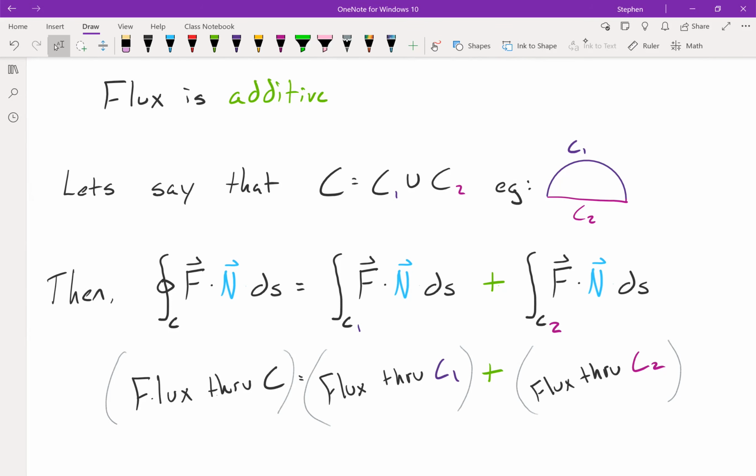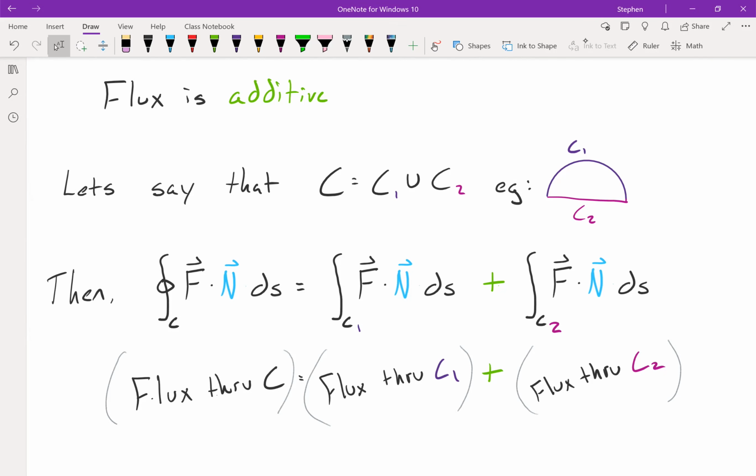If I wanted to look at the flux across C being the whole hemisphere, so I might be looking at the flux out of the region defined by that hemisphere, I can break apart that flux along the closed loop C into the sum of the two fluxes that go out of C1 and out of C2 and just add them together. Meaning I can just break apart my closed loop into a sum of integrals that are just over standard curves that may or may not be closed.